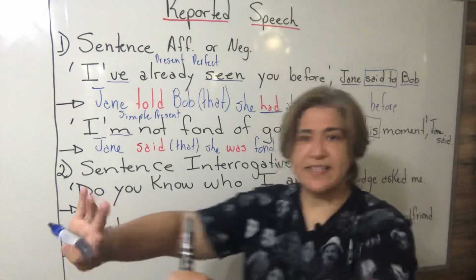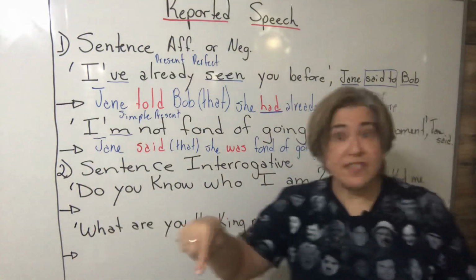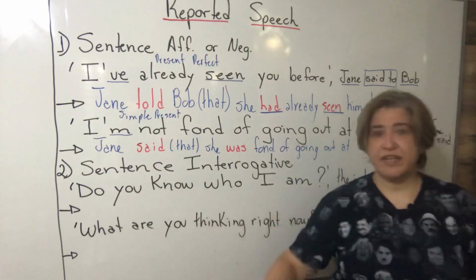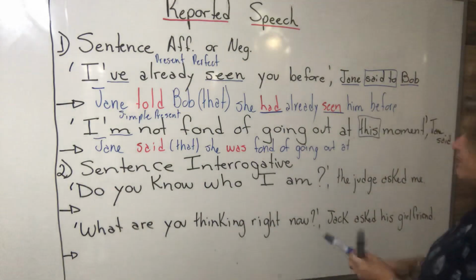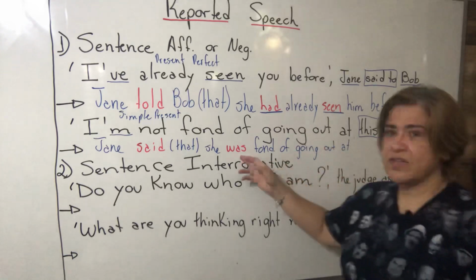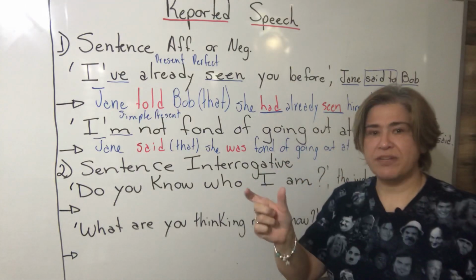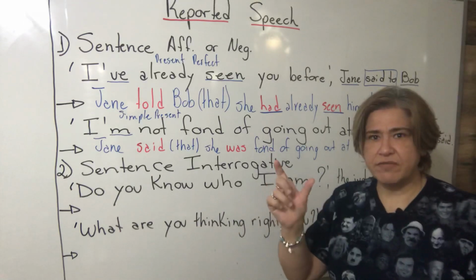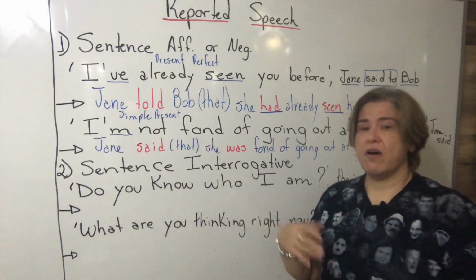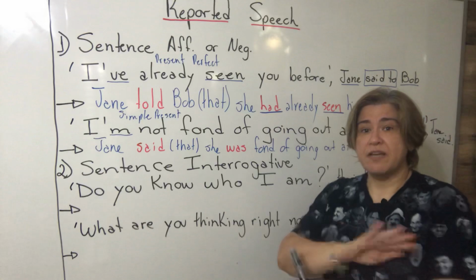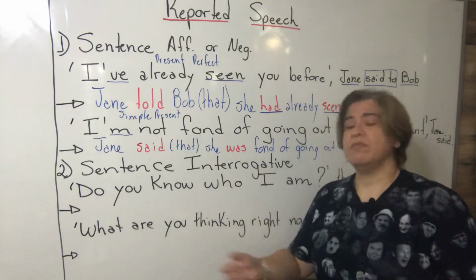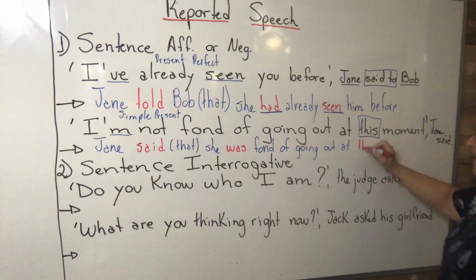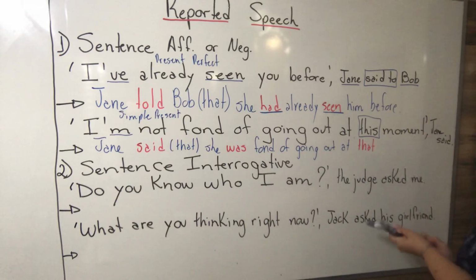To give distance from this moment, I say that, okay? This is pretty good, because if I put this and was, it's not going to match, because was is past and this represents right now. It's a little confusing. So the whole sentence, all evidence of present, must be turned into past. So we are going to say that moment.